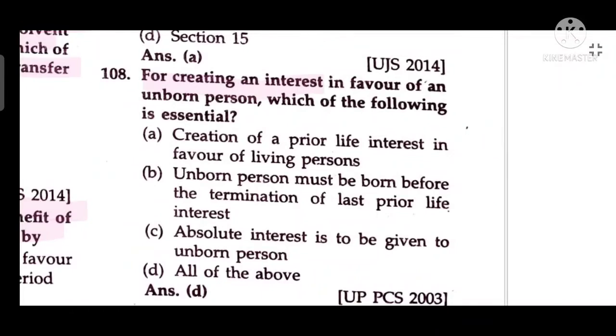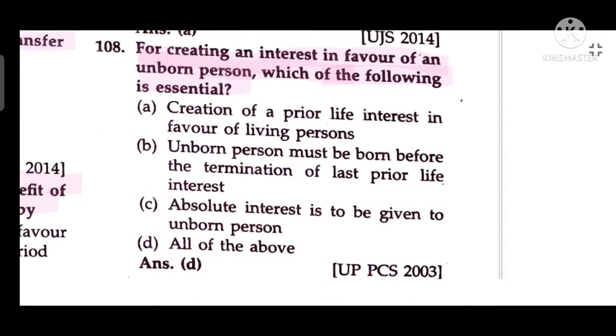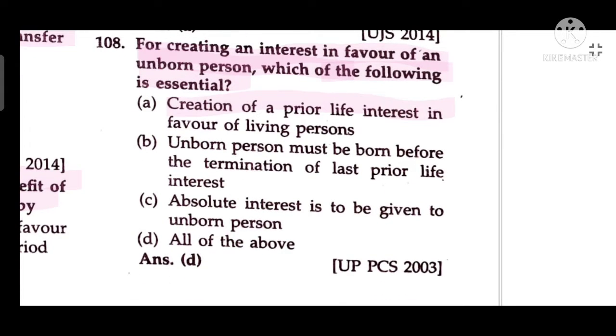For creating an interest in favor of an unborn person, which one of the following is essential? Creation of prior life interest in favor of a living person. Unborn person must be born before termination of last prior life interest. Absolute interest is to be given to the unborn person.